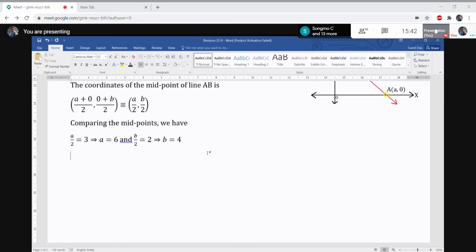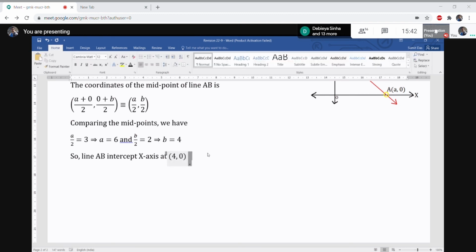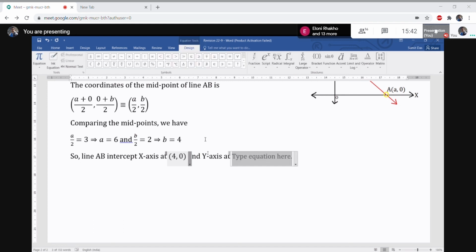So line AB intercepts the x-axis at, okay, sorry, it is (6, 0).